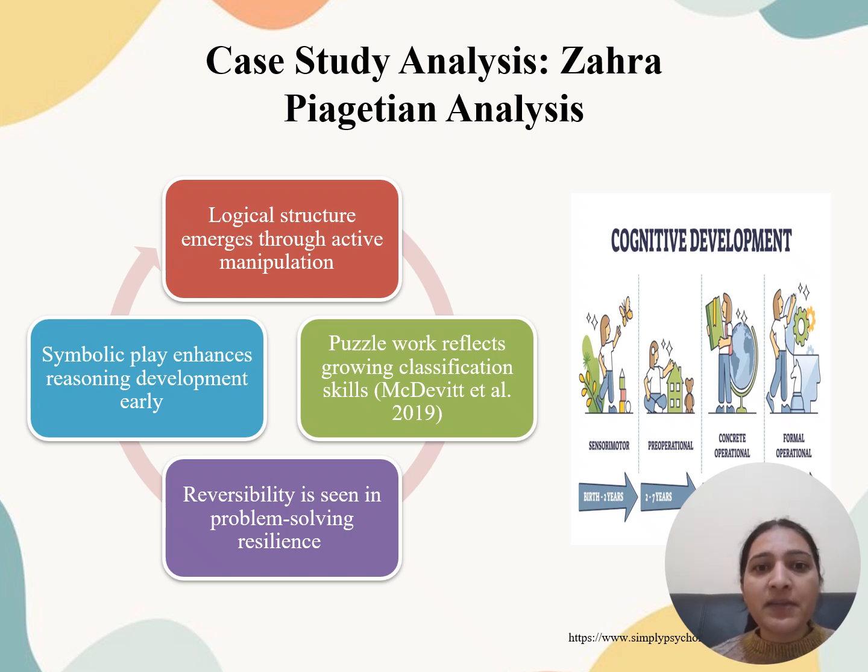Her reversibility comes out in the restoration of lost puzzle pieces, and she goes back to the correct position. The sense of an ongoing symbolic role is implied by her private speech and imaginative narratives. These mental milestones agree with the opinion of Piaget that manual practical experience and practice help to establish logical frameworks at early school stages.